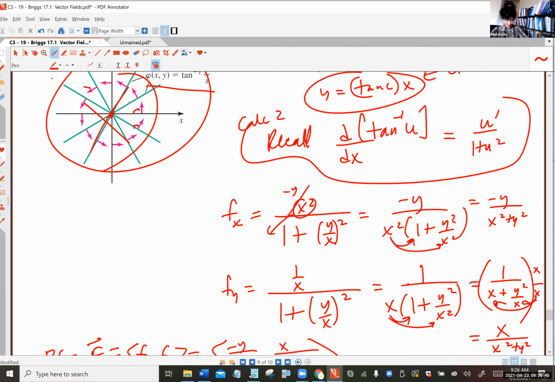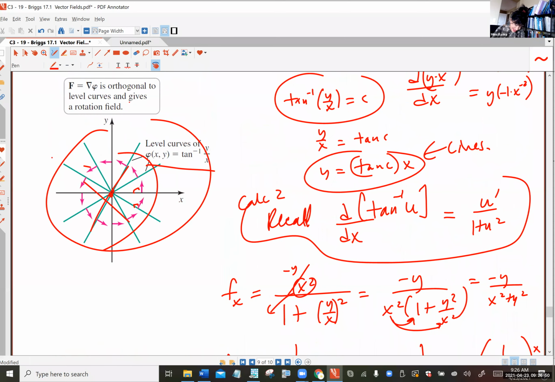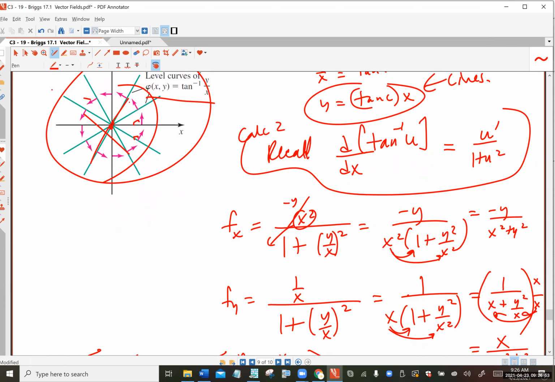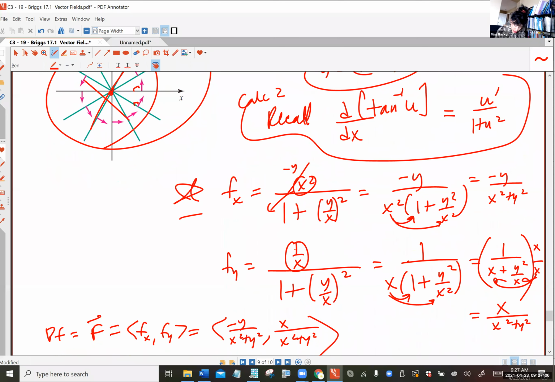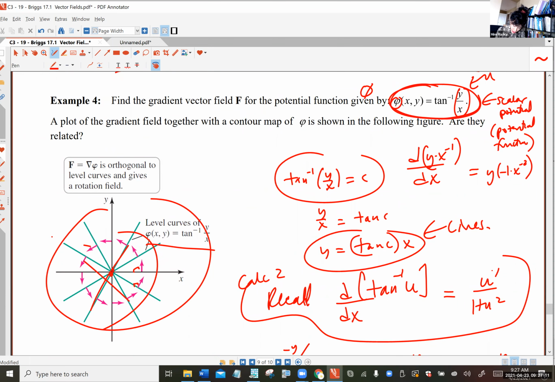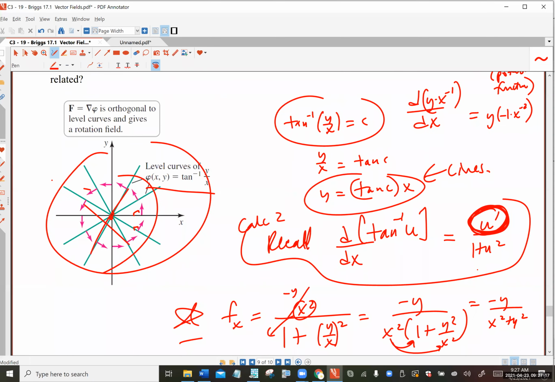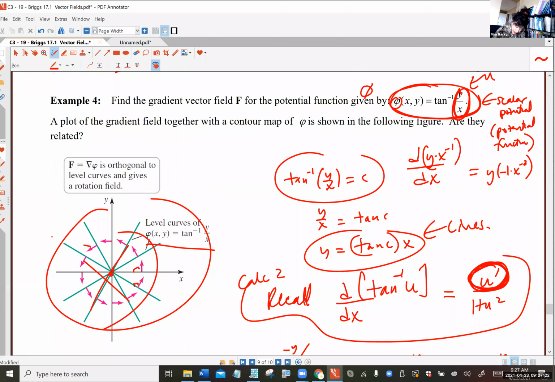I do have a question on one part. What's that? When you were doing your derivative part of the f of x, why is it negative y over x squared, but then it's just 1 over x on the bottom, not y over x, for the f of x? Okay, because I think I know your question. Do you see this u prime right here, Nathaniel? Oh yeah, I was doing the u prime. So when I was taking fx, my u was the y over x.